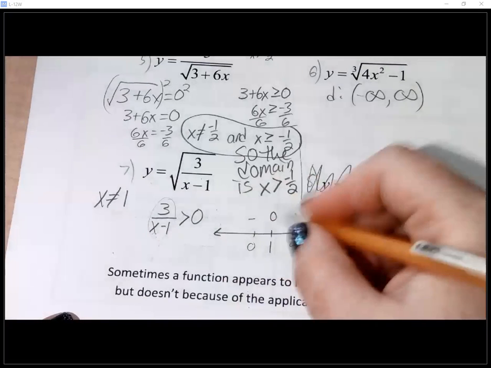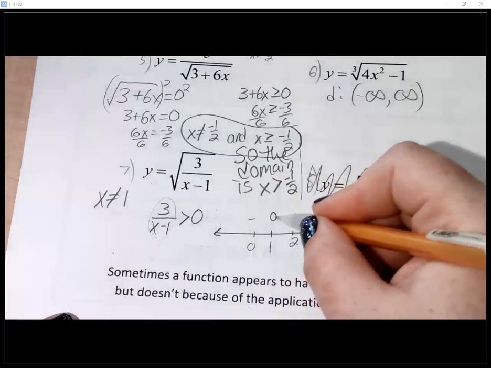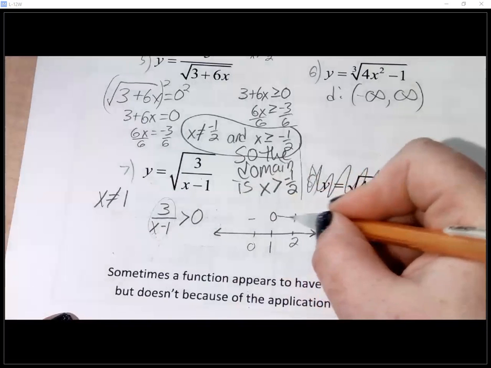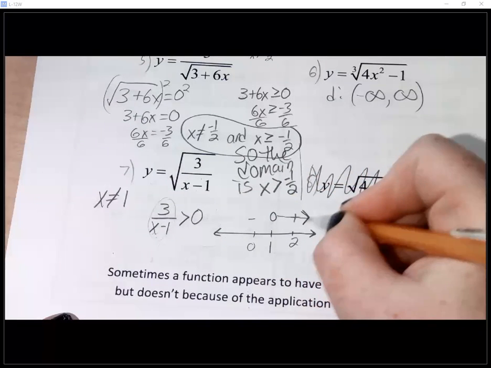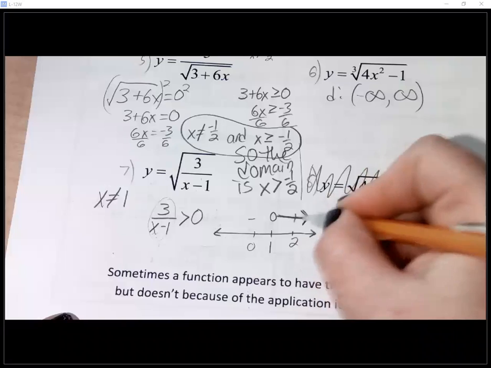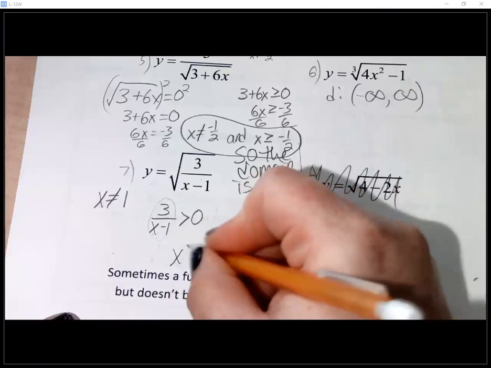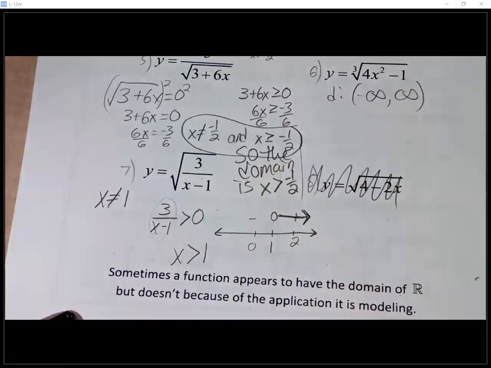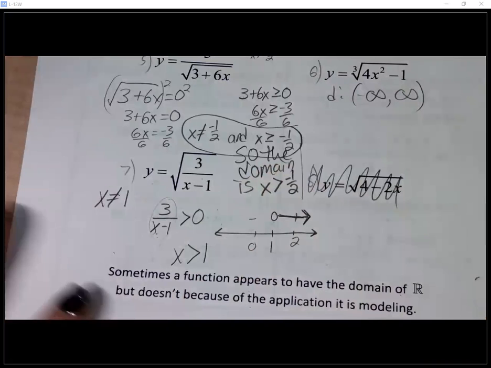I can't have 1, but I can have everything past it because that's where things are positive, and that's what I need. X would have to be greater than 1 in this case. So sometimes it can get real dicey. Those ones are the hardest ones in my opinion, because you have to really think about them.